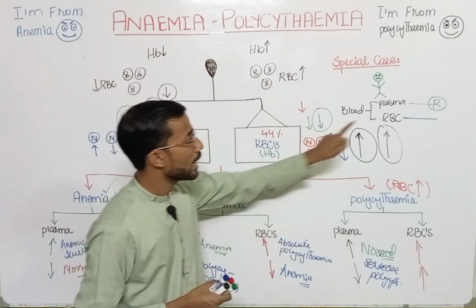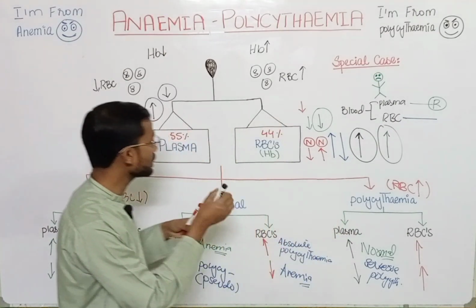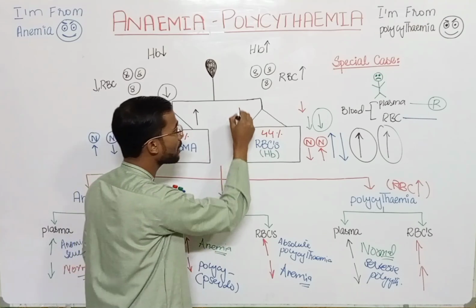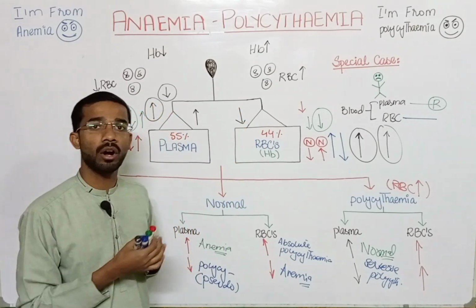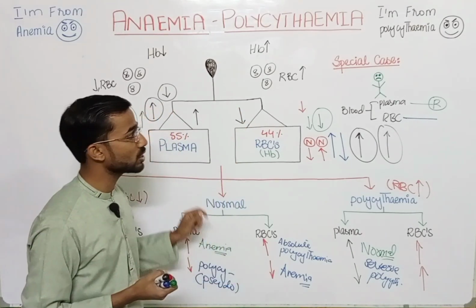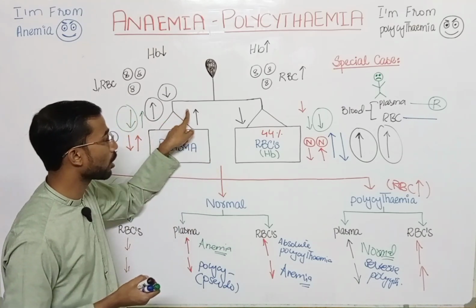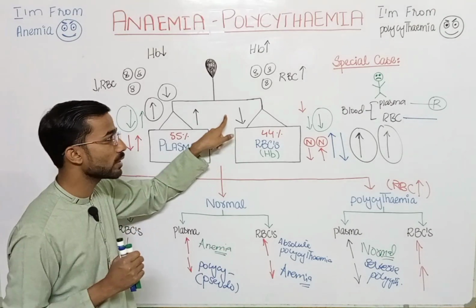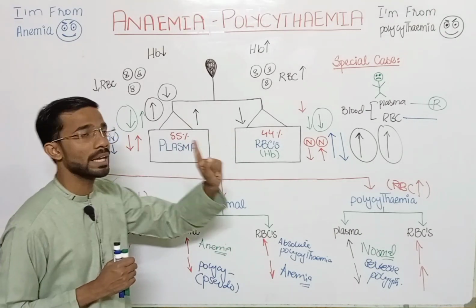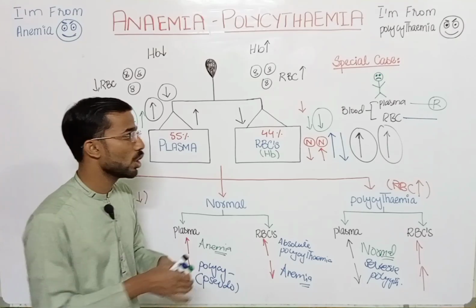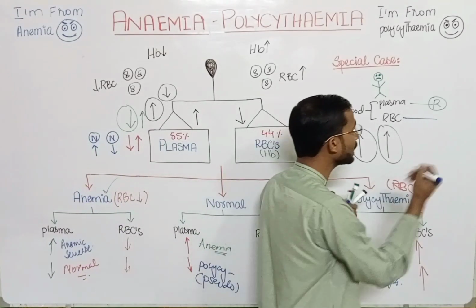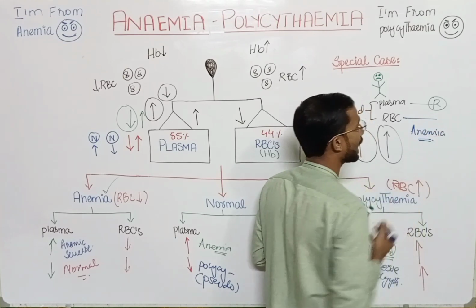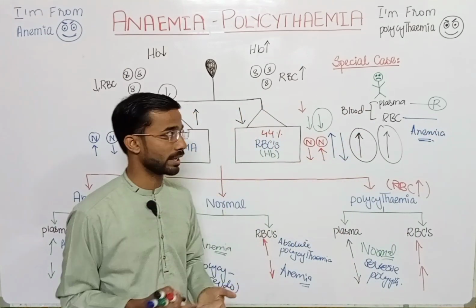So in this case, the amount of the plasma increases, but the RBC number is not normalized. After a few days, when the plasma normalizes and the RBCs are still not recovered, the condition goes toward anemia. After a few days you will see the patient goes toward anemia. So this is the special case.